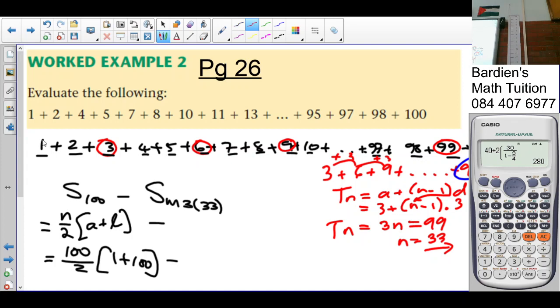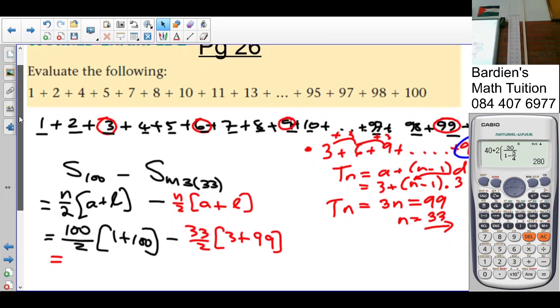So it's n over 2 into a plus l. Do I have the last term? Yes. So n is 33 over 2 into a, which is 3, plus the last term is 99.